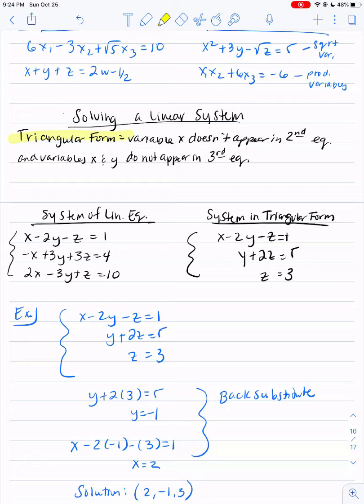Then, working on the third equation, I got z by itself: I could cancel the y's, my x was canceled already, and I was left with z equals 3. So x and y don't appear in the third equation, and I just have z equals 3.